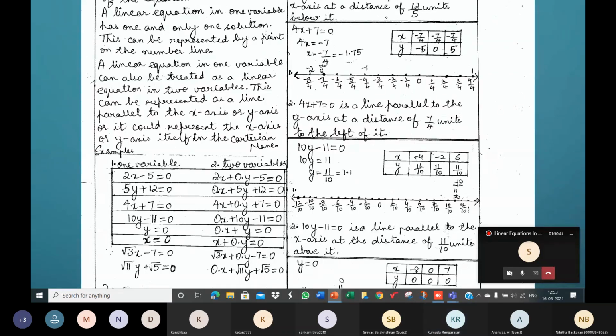So we'll not do it. On the graph paper, we'll mark as usual 1, 2, 3, 4, 5, minus 1, minus 2, minus 3, minus 4, minus 5, and then minus 1.75 will be between 1.7 and 1.8.